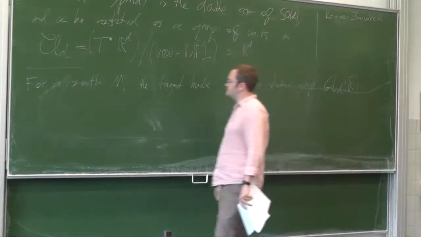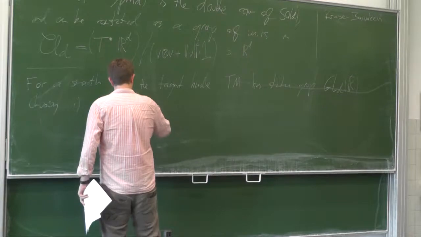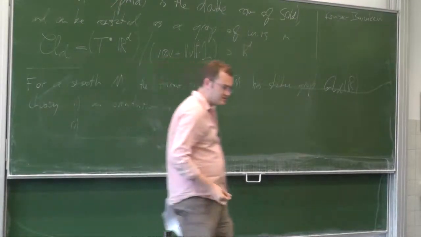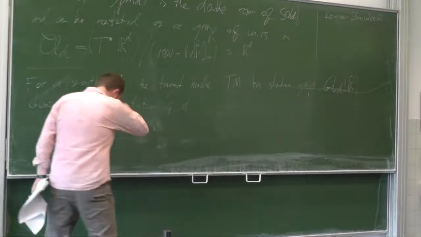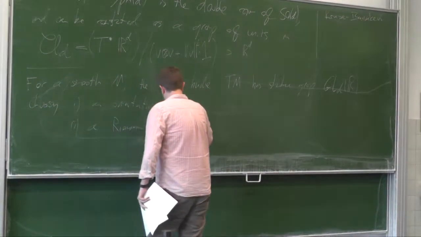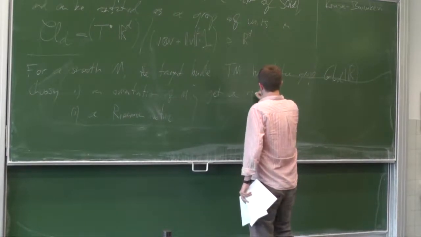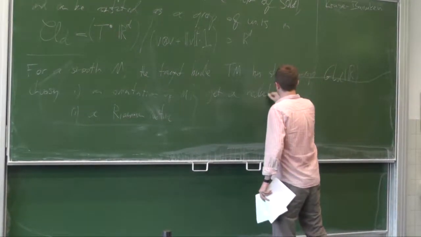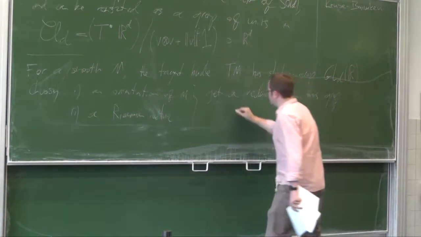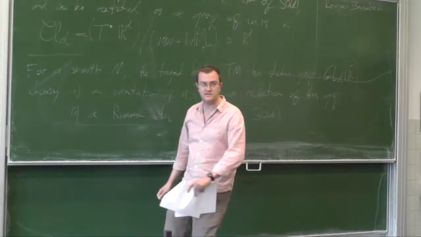If I pick two pieces of data, so choosing one, an orientation, and two, a Riemannian metric, I get a reduction of the structure group to SO(d). And SO(d) is the thing of which Spin(d) is the double cover.